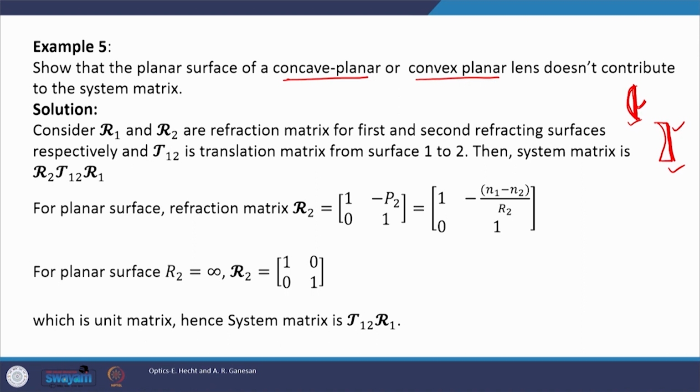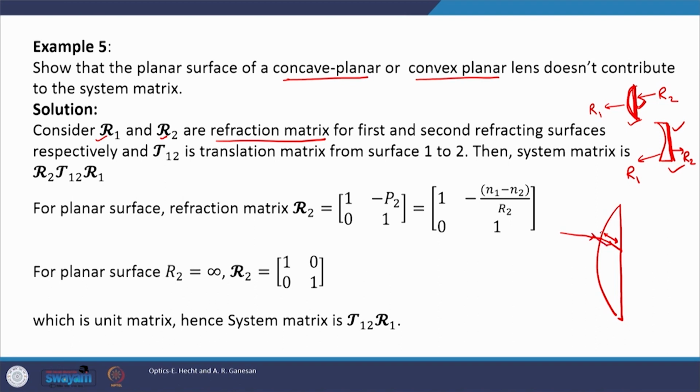Now, let us start with the assumption that R1 and R2 are the refraction matrices for the first and the second refracting surfaces respectively. If we have a lens and the light is traveling inside it, then after refraction it travels through the width of the lens, and this is a pure translation.